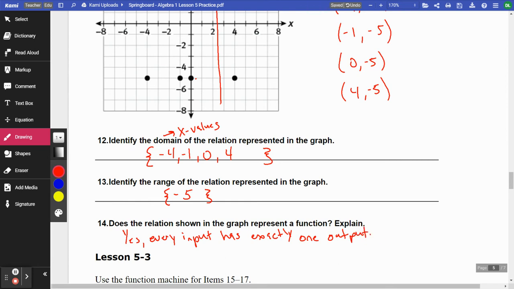Another reason why we know it's a function is because it passed the vertical line test. We can say that too. We can say, yes, it passed the vertical line test for a function.